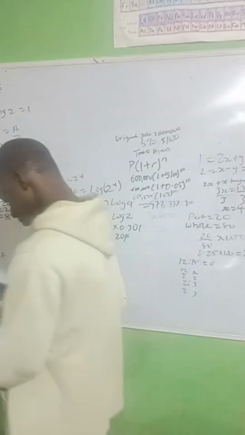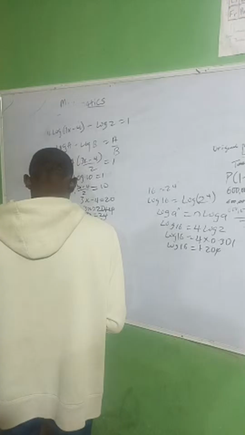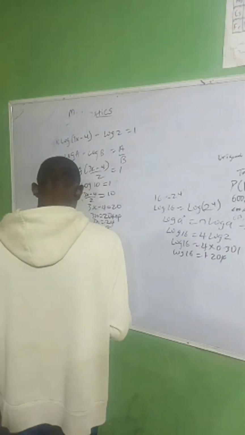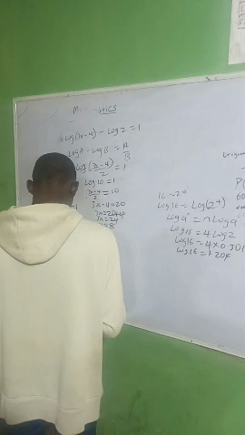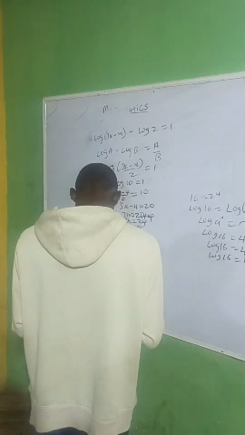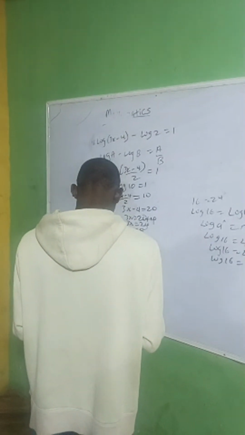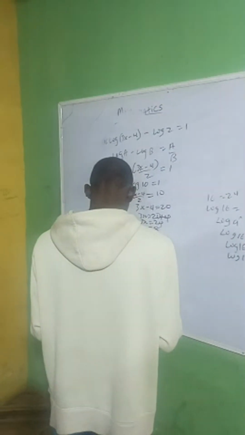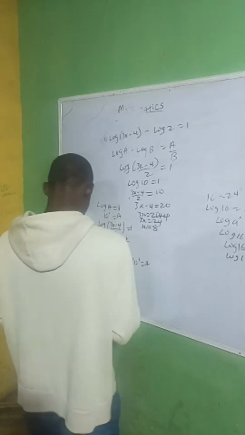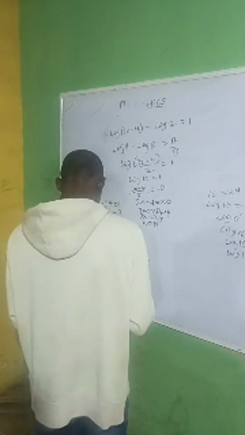10% of the number is subtracted from it. 10% of the number. So that's 2,000.